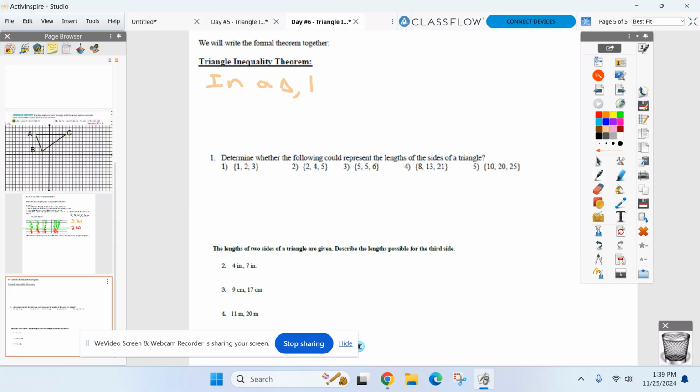In a triangle, the sum of any two sides must be greater than the third side.